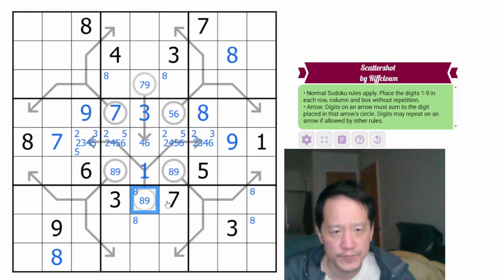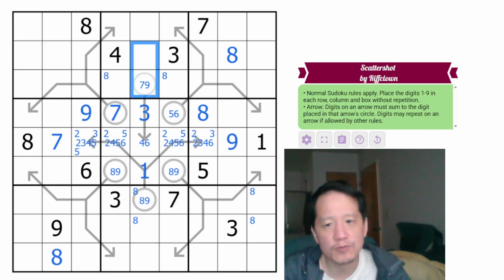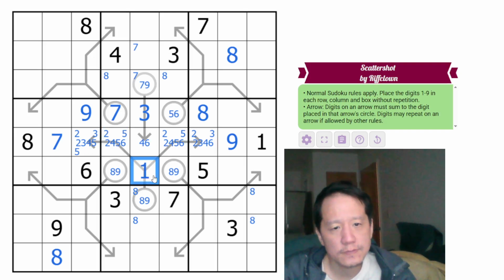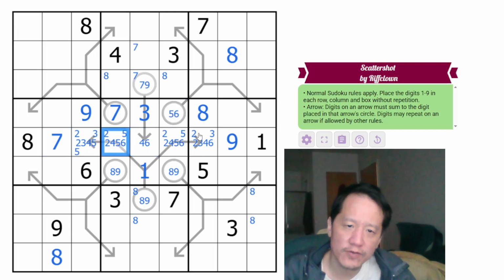So this is a 1. 7 has to be one of these two cells here. Where is the 5 in? Well, no, never mind. 5 could be either of these.